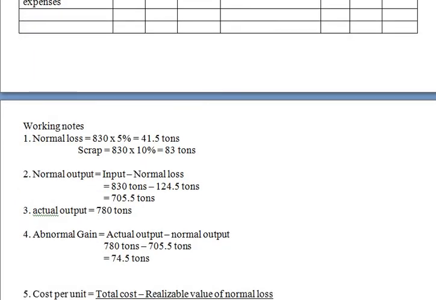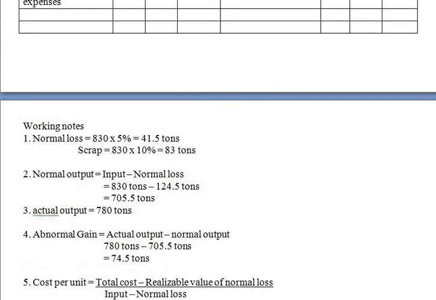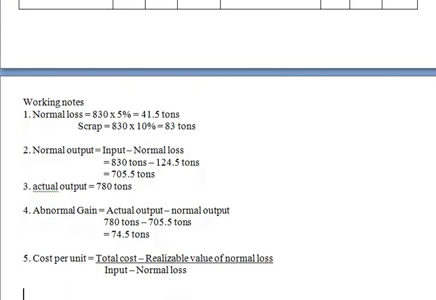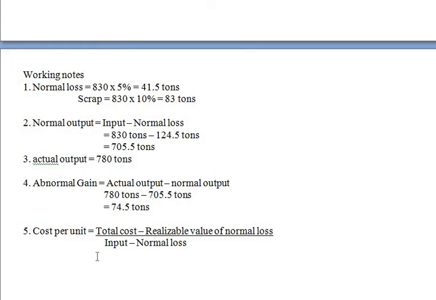Okay, again abnormal loss or gain, it has to be calculated on cost per unit or cost per ton. So for that roughly we need to close the account to find out total cost. So that is 1,78,650 minus realizable value of normal losses 16,600.